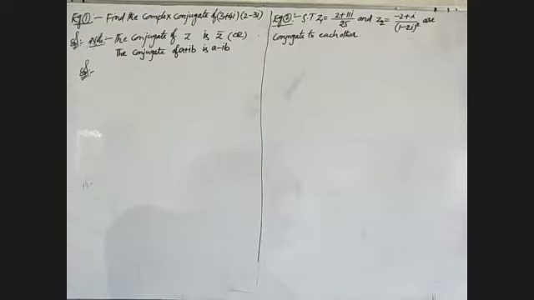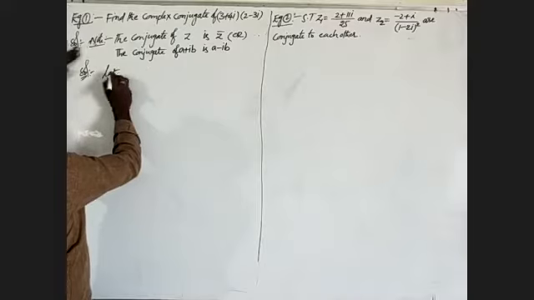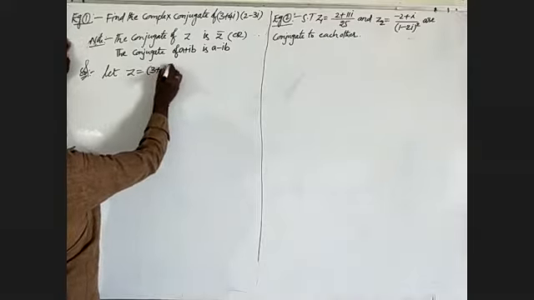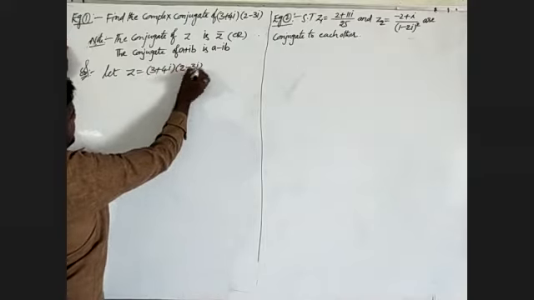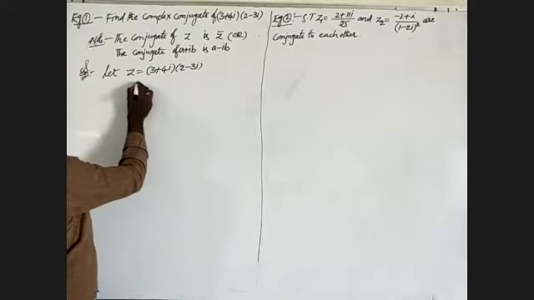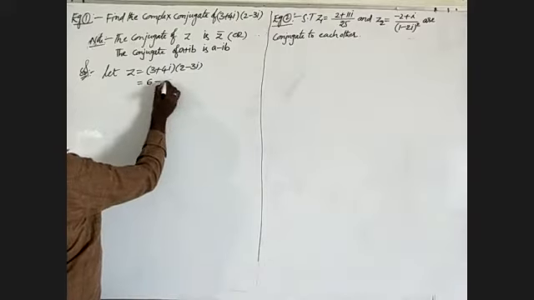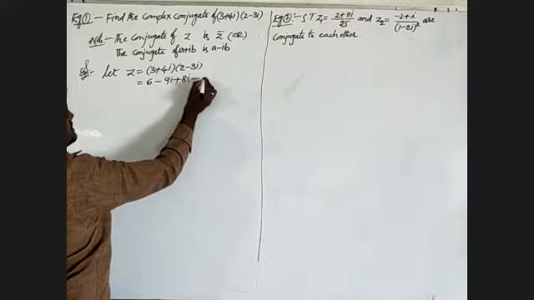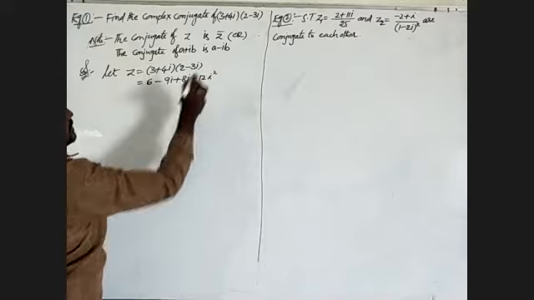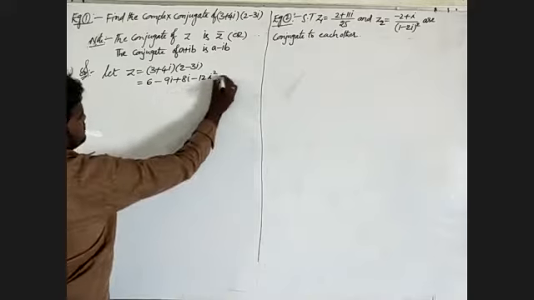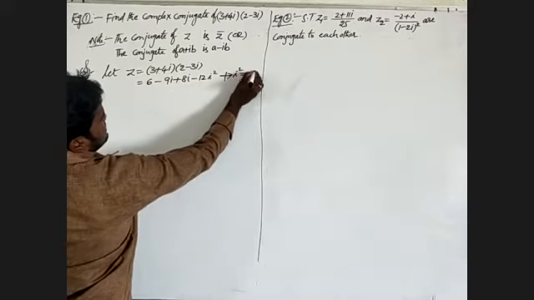Find the conjugate of (3 + 4i)(2 - 3i). The given complex number I will take as Z. Z = (3 + 4i)(2 - 3i). Here 3 is multiplied by the entire term: 3 × 2 is 6, 3 × -3i is -9i. 4i × 2 is 8i, 4i × -3i is -12i². We already know i² is equal to -1.